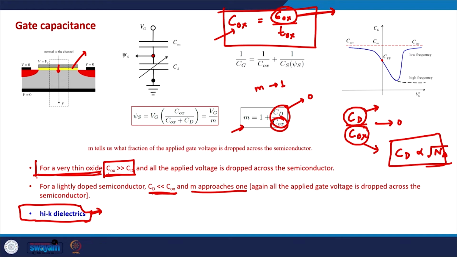One factor that we need to keep in mind is that the lattice of the silicon and the oxide should match, the bands should also match. So those kind of constraints we need to keep in mind.